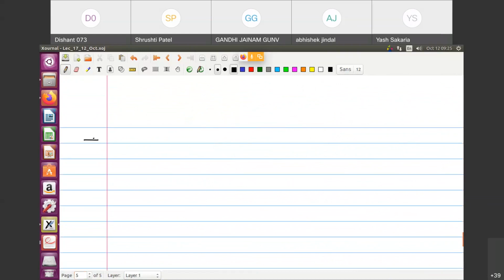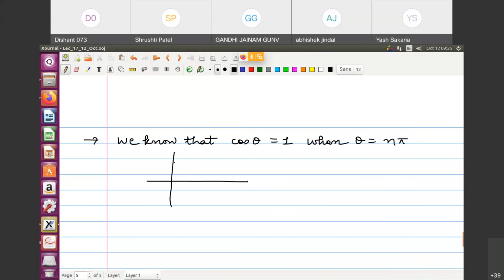So we know that cos theta is equal to 1 when theta is equal to n pi. Okay, अब ये आपको अगर याद नहीं है, if you do not remember it, let me draw the curve for you.